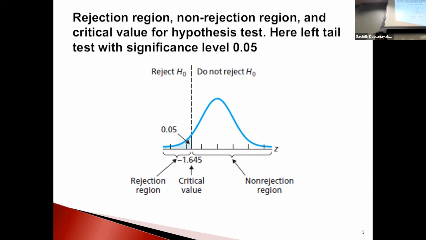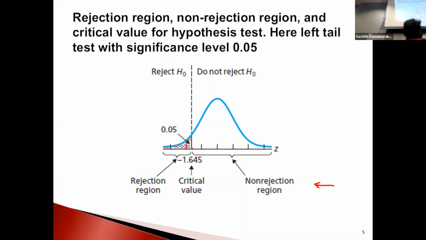This is the picture of the rejection region, non-rejection region, and critical value. This part is what we were talking about in the last slide. The rejection region means this colored area. The non-rejection region is this white area. The critical value is the value right here, which divides these regions.